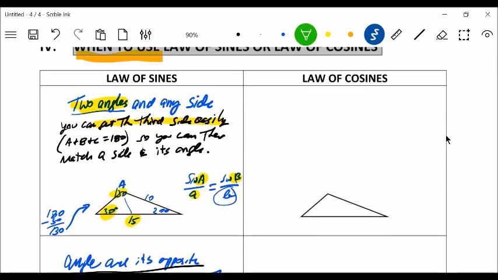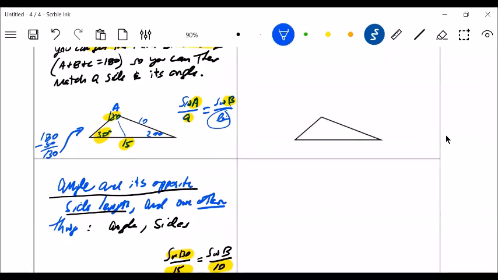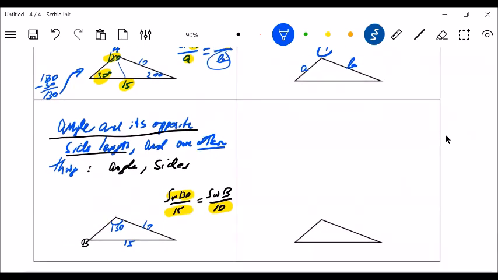Now, the law of cosines. That one's used when you have two sides and their included angle. That means like having C and then having A and B. This is exactly what we had in the first problem in this section. And then the last one is when you have three sides.